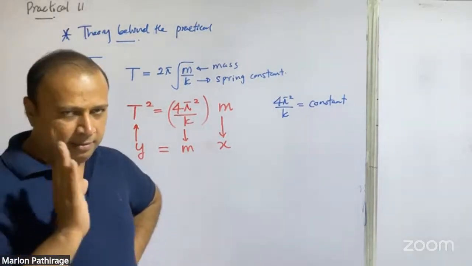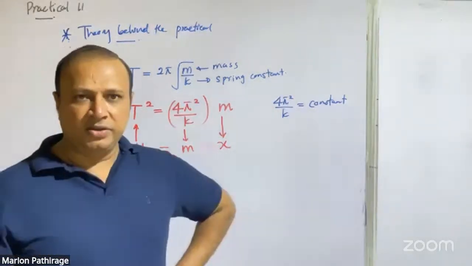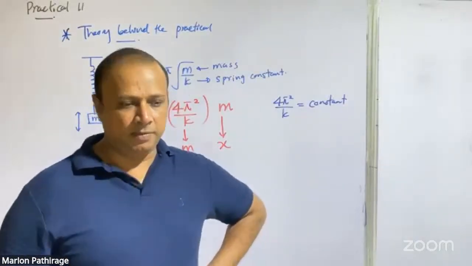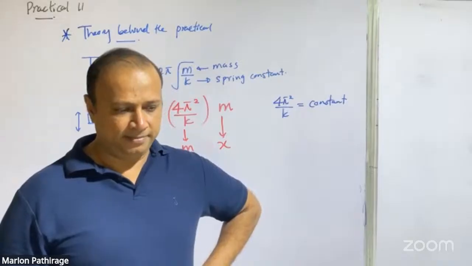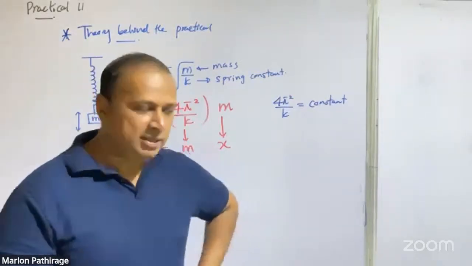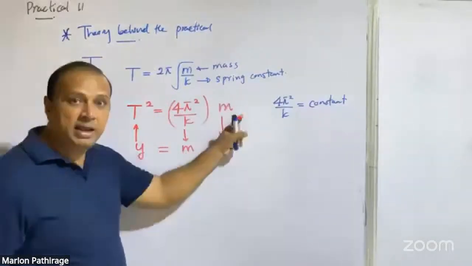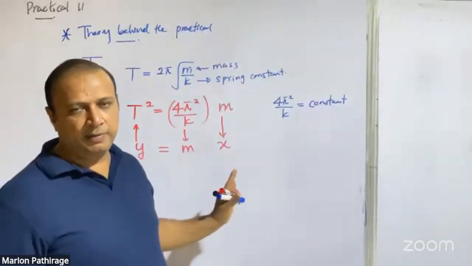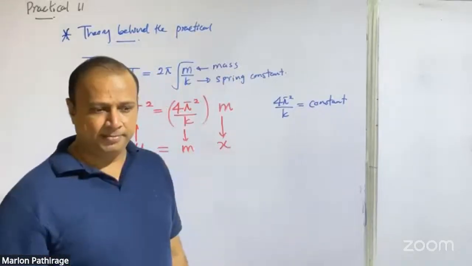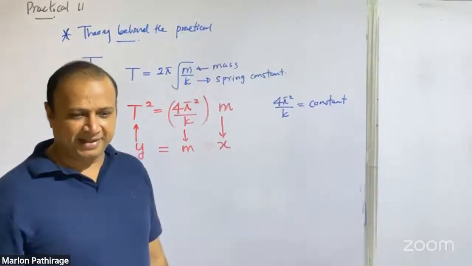My next question is, how do you identify whether it is the independent variable or not? Yes, M is the independent variable. My question is, how do you identify that one?